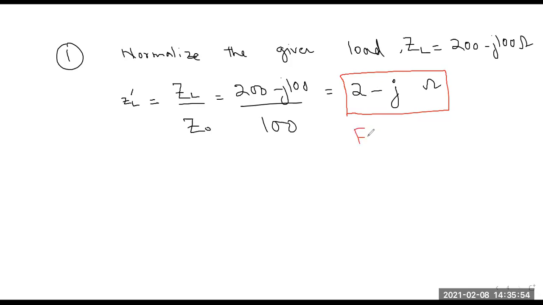So inside होगा सर. Find its position on the Smith chart.